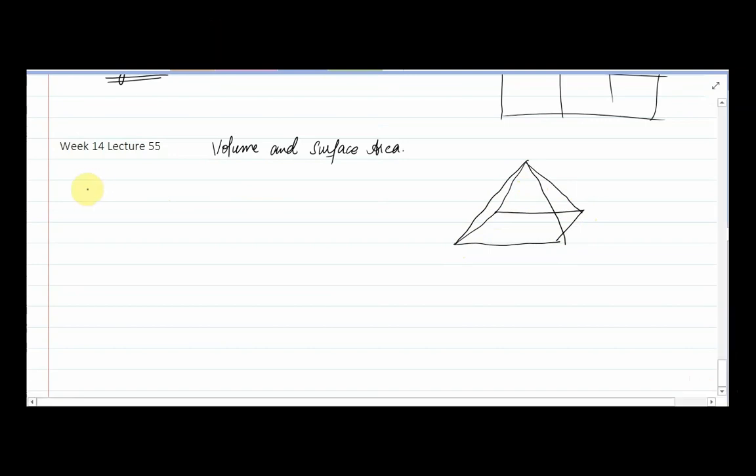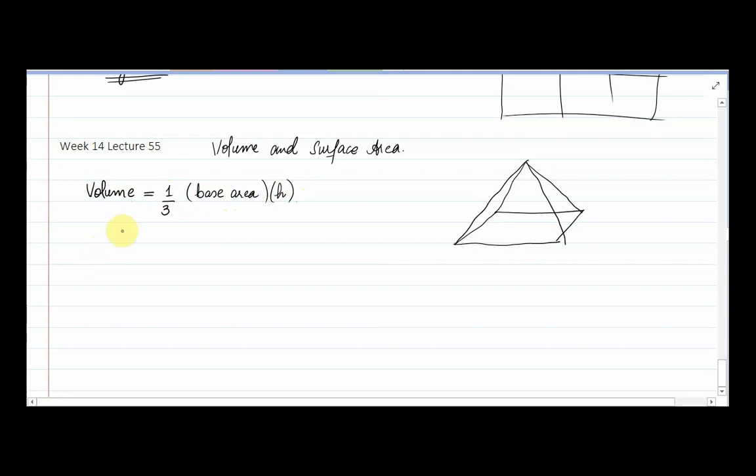If we talk about the volume of a pyramid, the general working formula is 1/3 base area multiplied by height. That is the general formula for the volume of a pyramid.